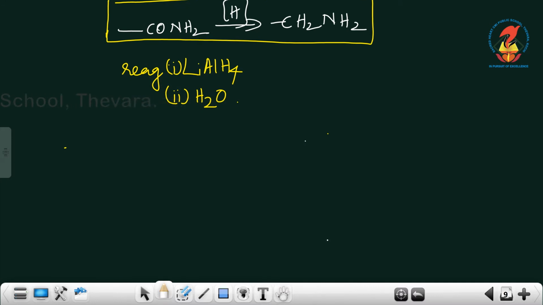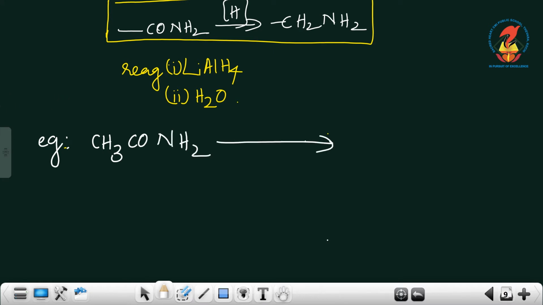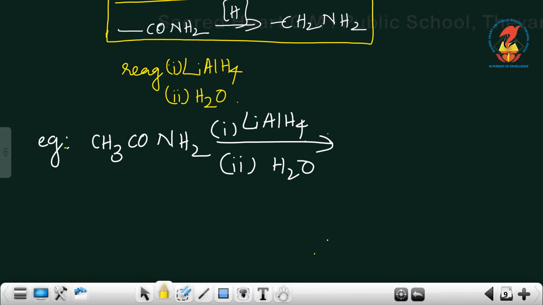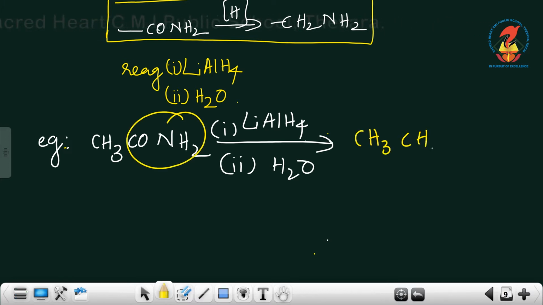For example, CH3CONH2. See how to write the reaction: number 1, treatment with lithium aluminium hydride followed by hydrolysis. What we will get here is that the CONH2 group will be reduced to CH2NH2.